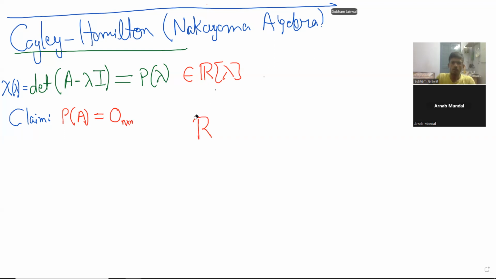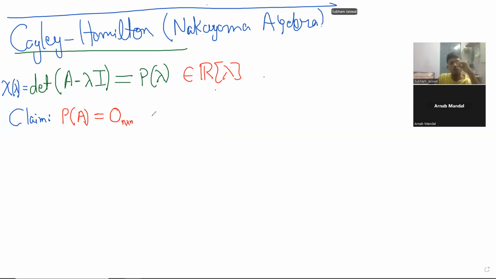If I put lambda equal to A, then I get a homomorphism. Yeah, you cannot put lambda equal to A.